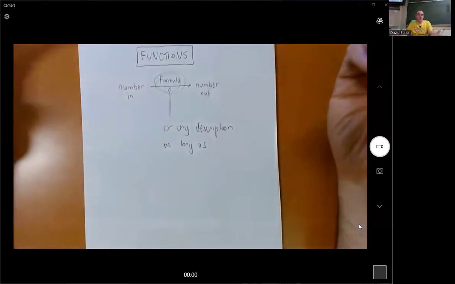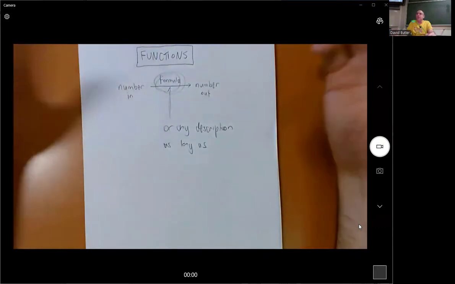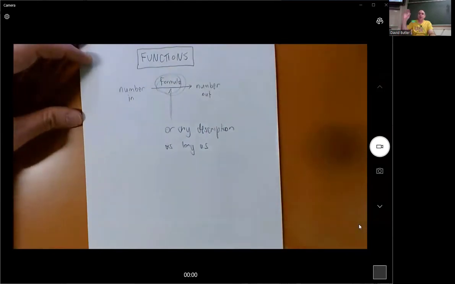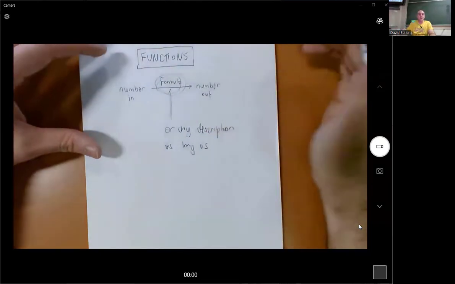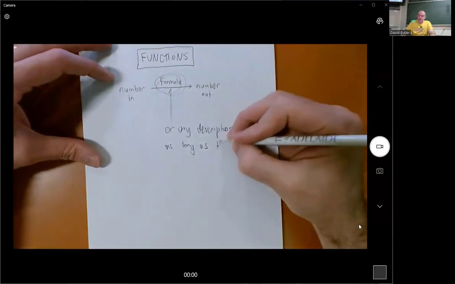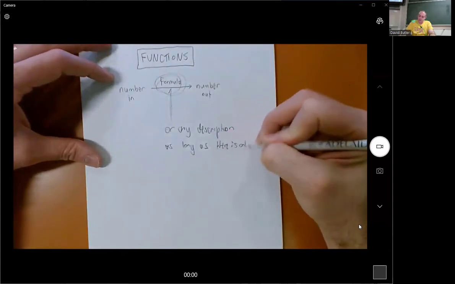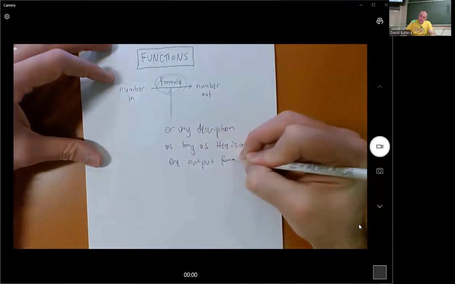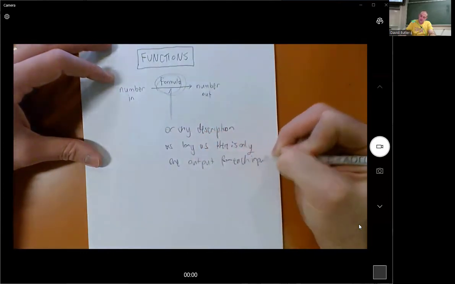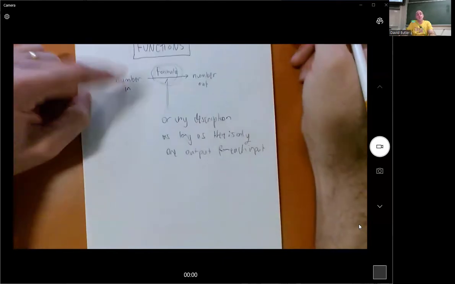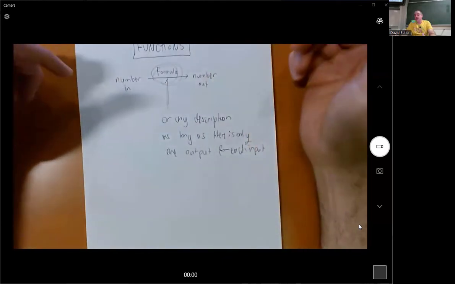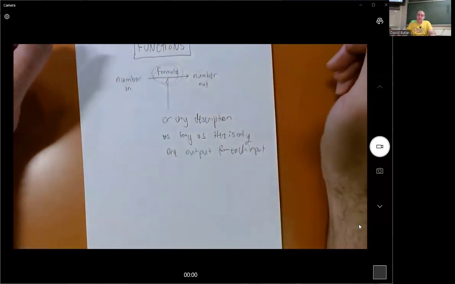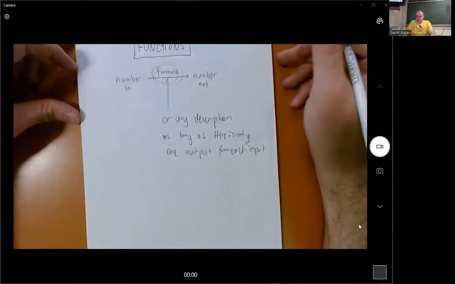So it's not like rolling dice where you get random numbers out. That's a whole other thing, which you learn in statistics courses. But in mathematics, a function has only one output for each input. It is possible for different numbers to produce the same output, that's okay. But just as long as every time you put a particular number in, you always get the same answer, then it's a function. Okay, cool.